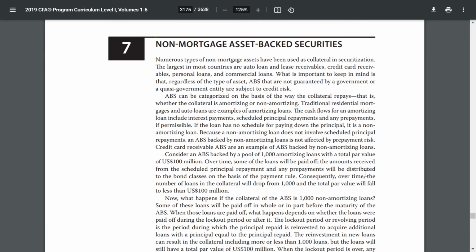Non-mortgage asset-backed securities. Numerous types of non-mortgage assets have been used as collateral in securitization. The largest in most countries are auto loans and lease receivables, credit card receivables, personal loans, and commercial loans. What is important to keep in mind is that, regardless of the type of asset, ABS that are not guaranteed by a government or a quasi-government entity are subject to credit risk.